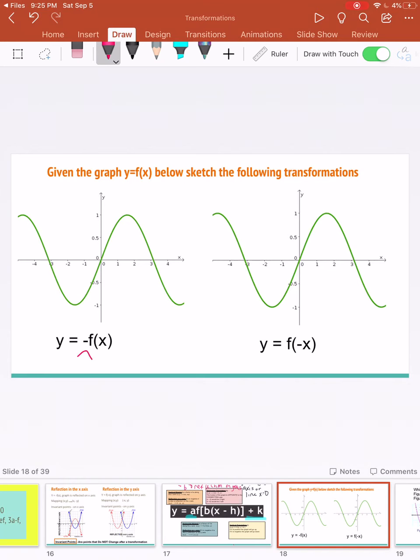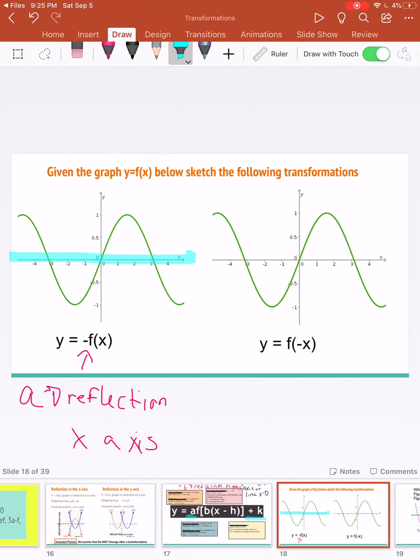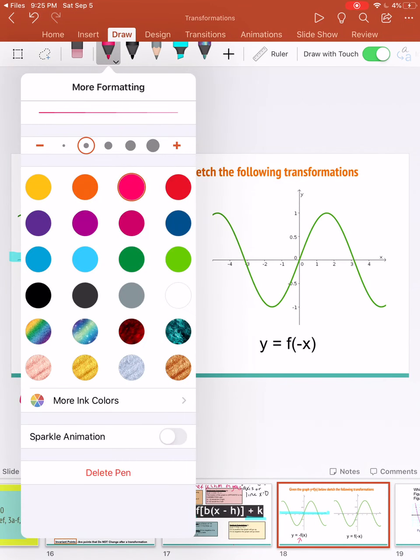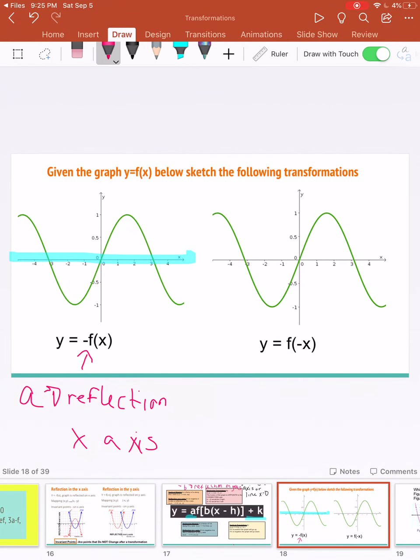All right, so let's actually look and see what a reflection would look like. So notice how the negative is outside. So that means if it's outside the f function, that's your a value, right? So it means we're going to have a reflection along the x-axis. If I were to take a highlighter here, here's my x-axis, that x-axis becomes a mirror, and I'm just flipping that graph over that mirror.